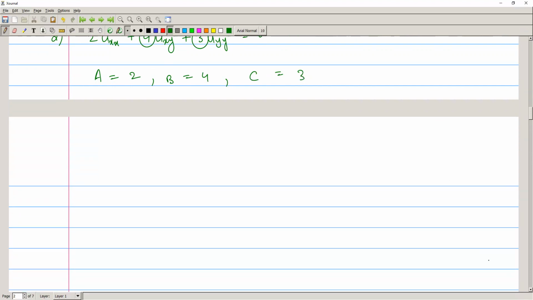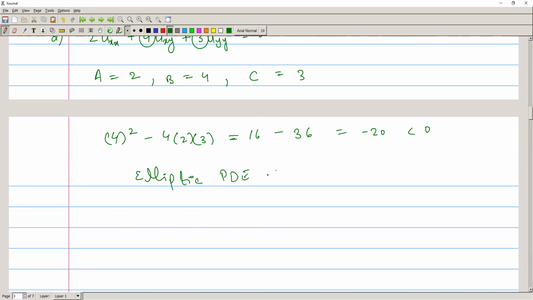So now we can check it like B squared minus 4 times AC. This will be equal to 16 minus 4 2s are 8, and 8 3s are 24. Sorry, I wrote it wrongly by mistake.